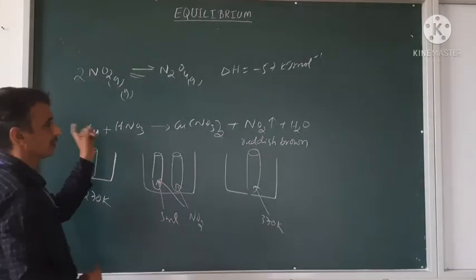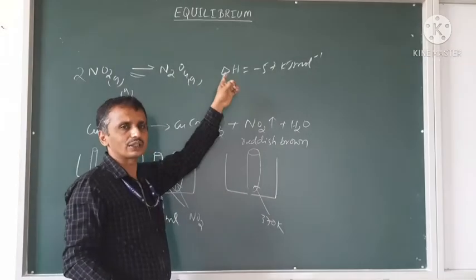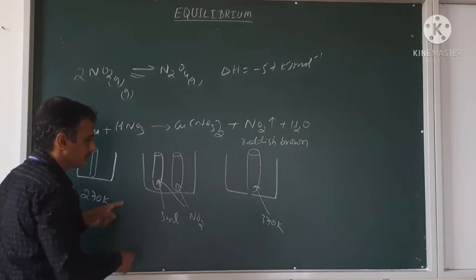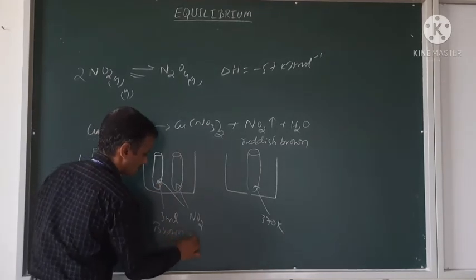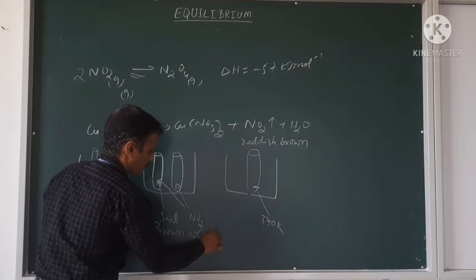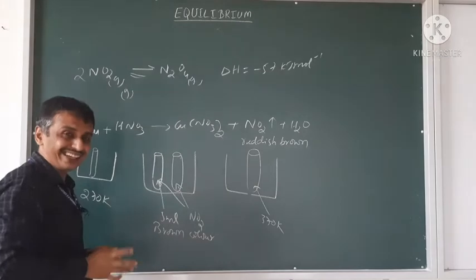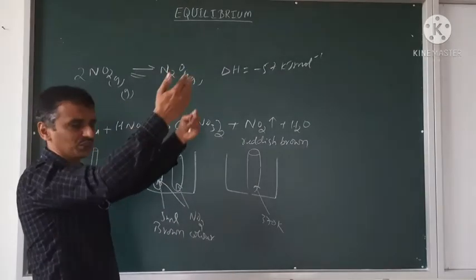You see, it is an exothermic reaction. So here the brown color was there. Here also the brown color may be there, but the intensity of the brown color will be increased.